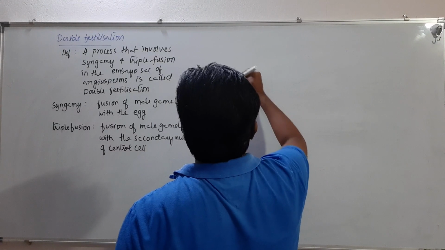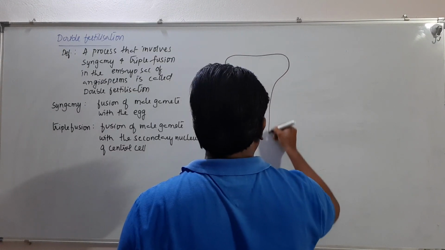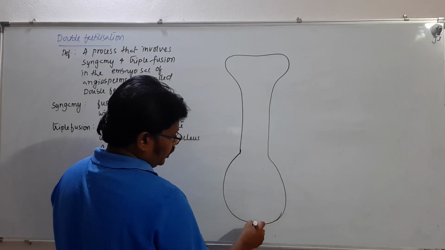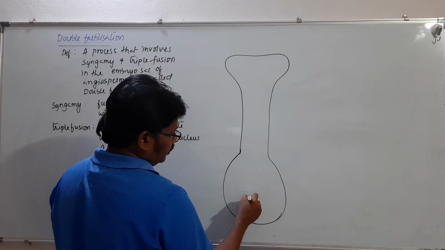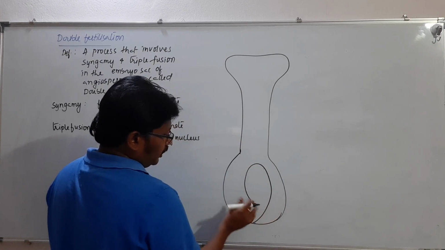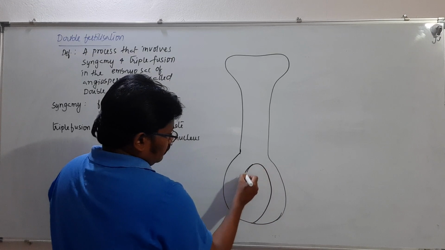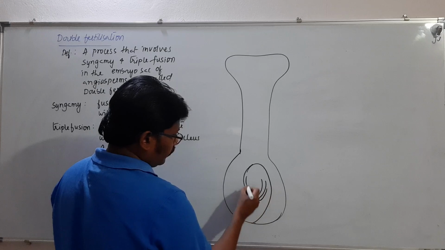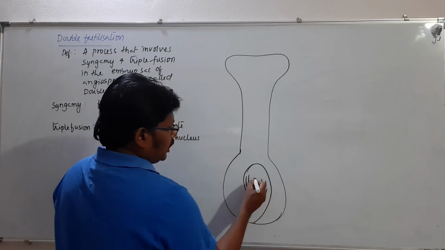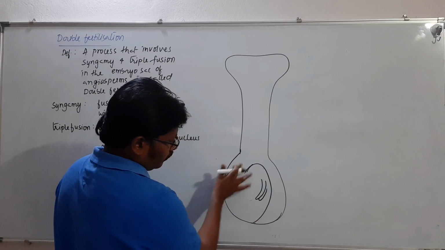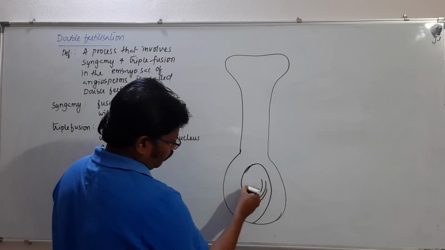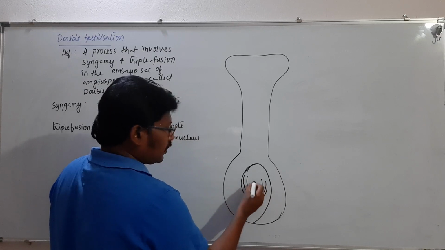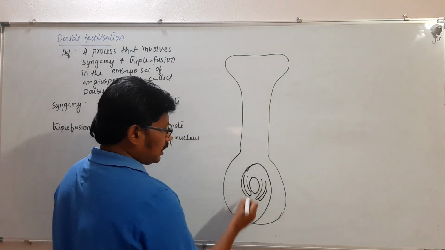So here the stigma, and the ovule here, and inside that the embryo sac.